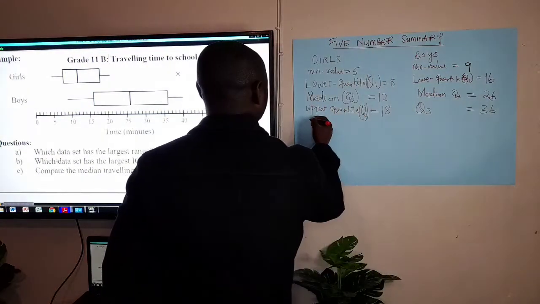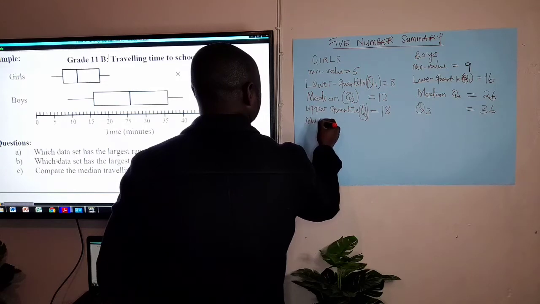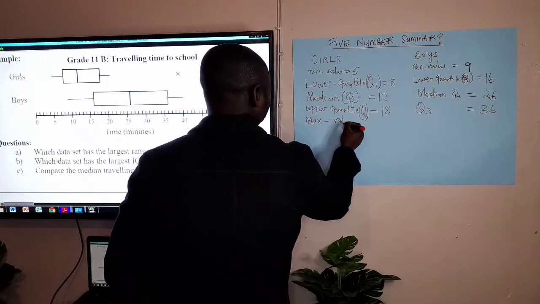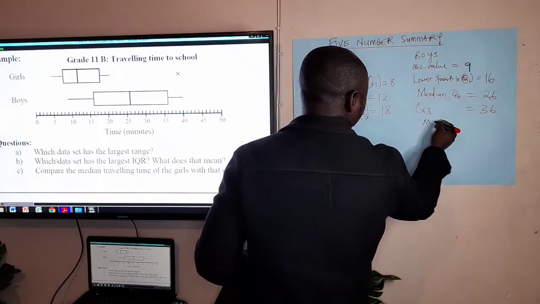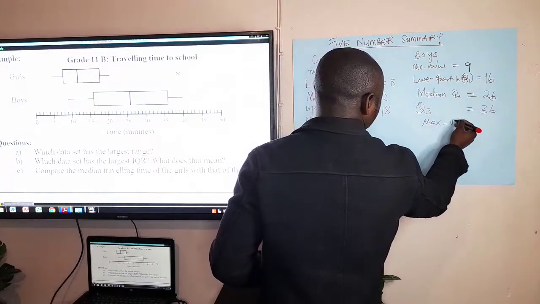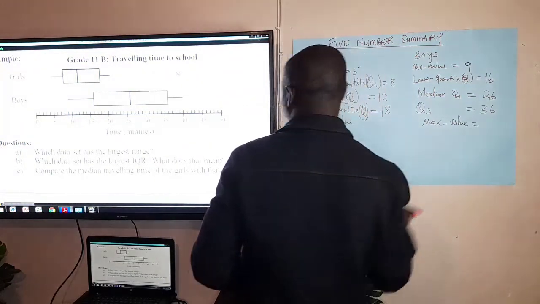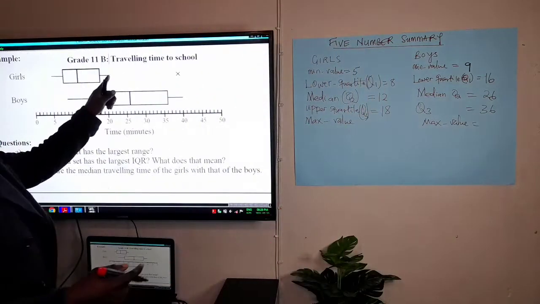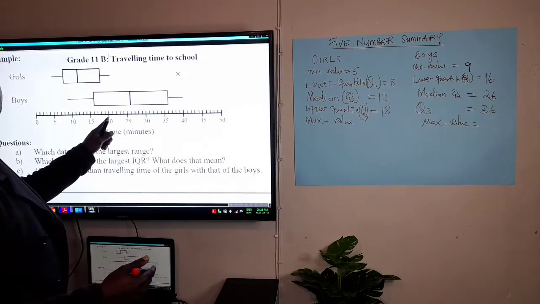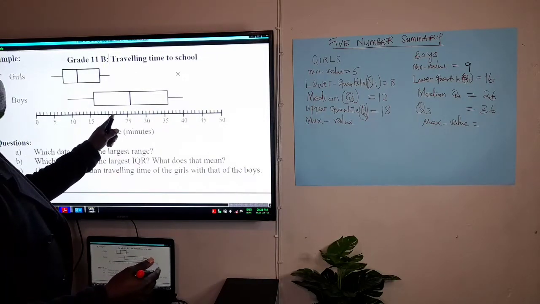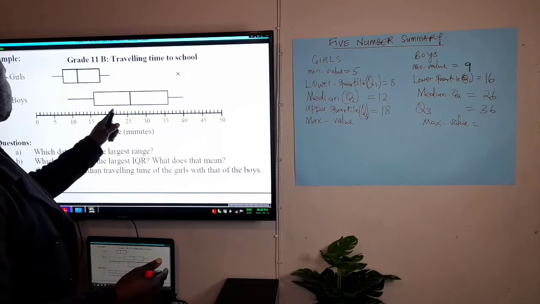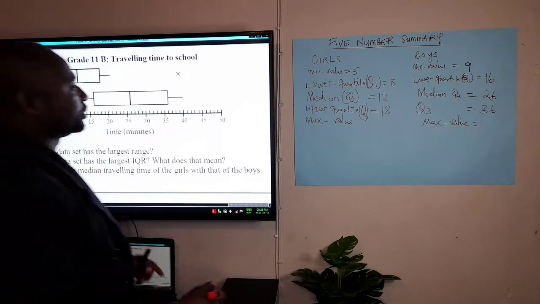Our maximum value for both data, you write them down. Our maximum value here is 21. We trace it, it is 21.